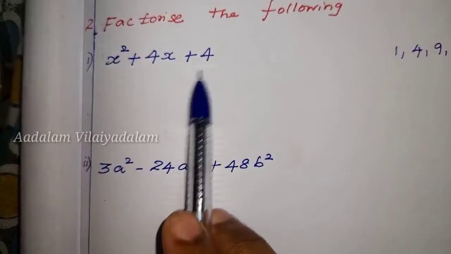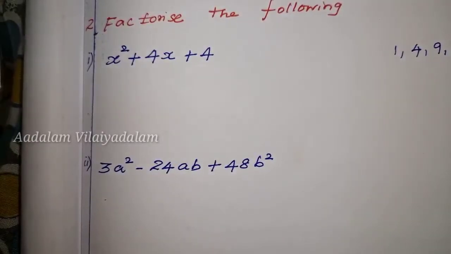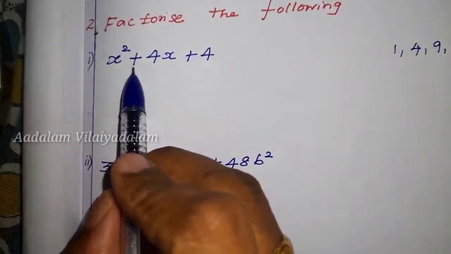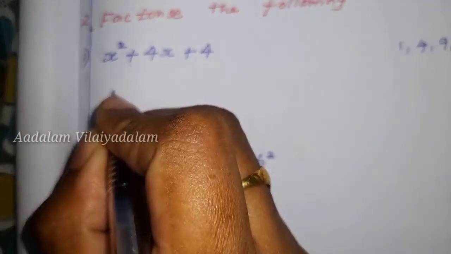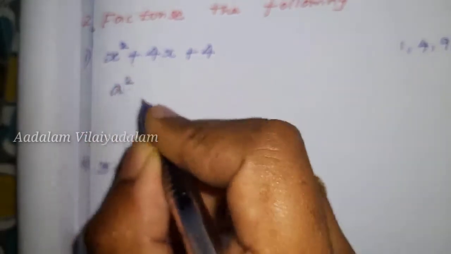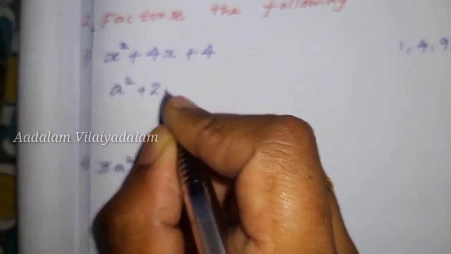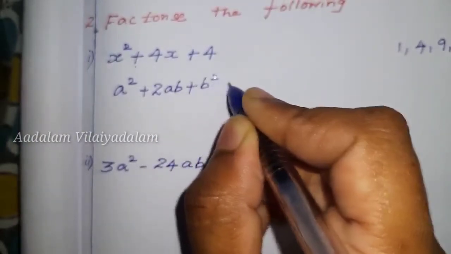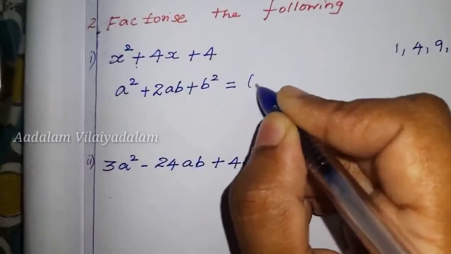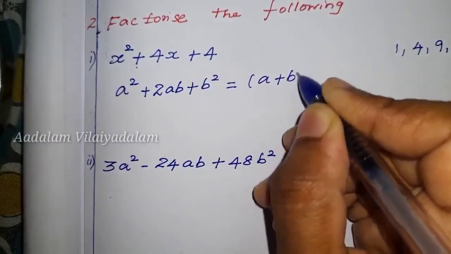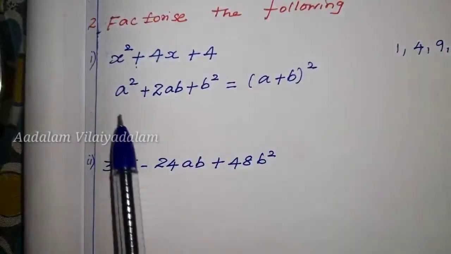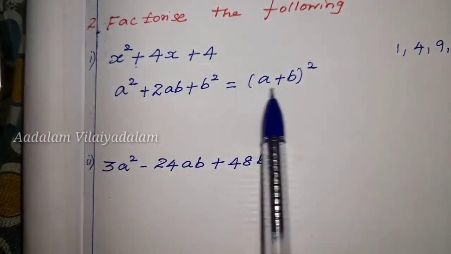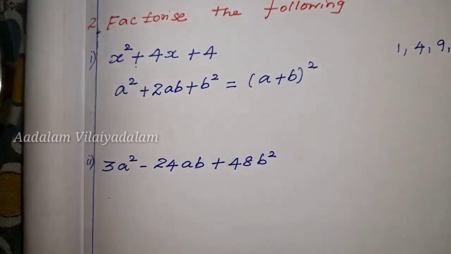So if the last number is a square number, either a plus b or a minus b is possible here. The second term is plus, so this is the format of a square plus 2ab plus b square, and the formula is a plus b the whole square. Here the right side is given.